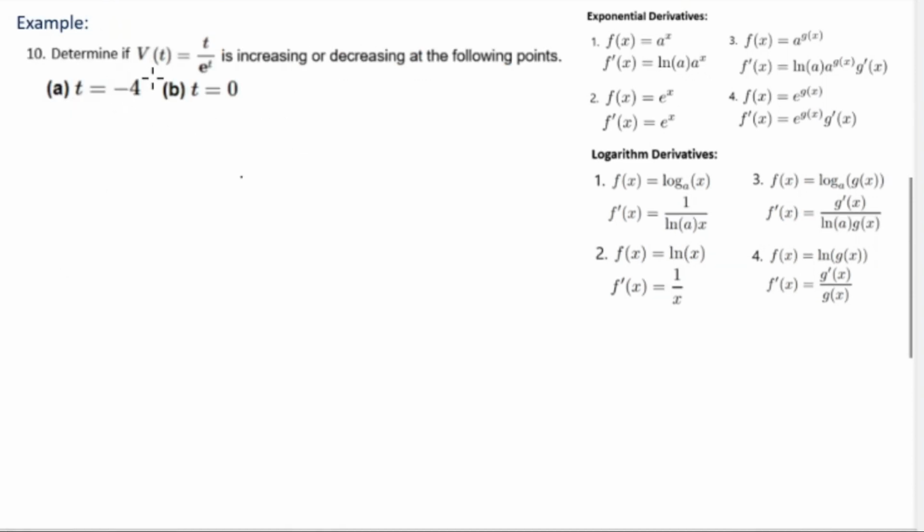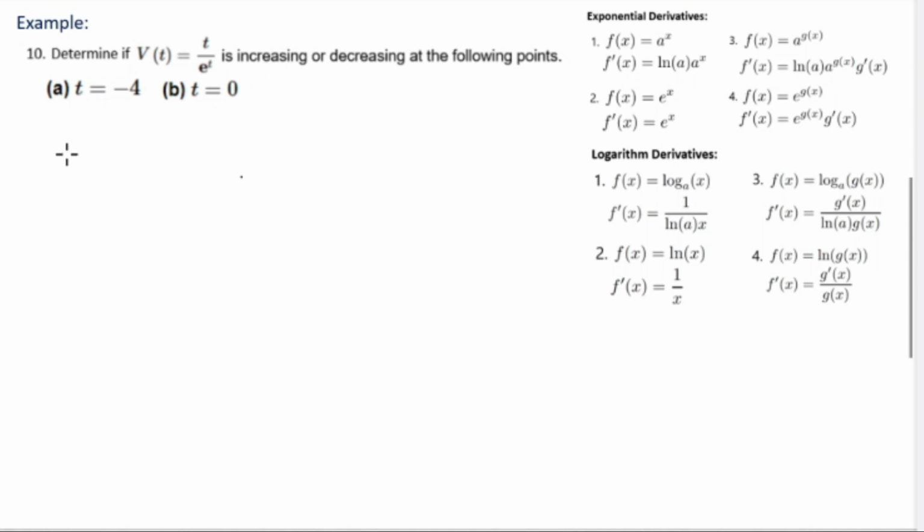Example number 10. Determine if v of t is equal to t over e to the t is increasing or decreasing at the following points: a, t is equal to negative 4, and b, t is equal to 0.